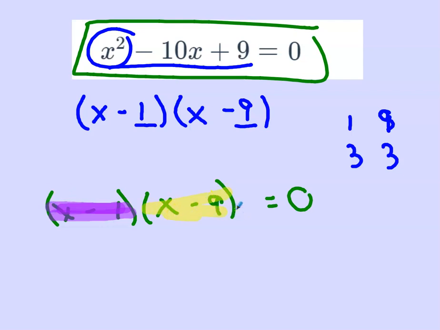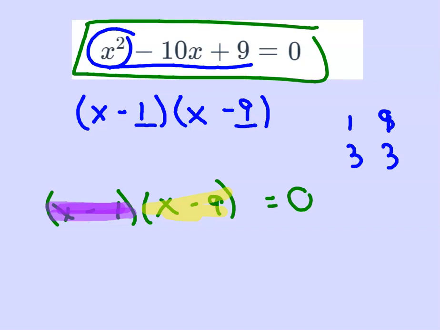We'd all agree that the thing highlighted in purple and the thing highlighted in yellow have to multiply together to get 0. Well, in a previous video, I had you practice finding a pair of numbers that multiplies together to get 0. And every pair that you use is going to have a 0. Maybe 0 and 5, or 10 and 0, or -16 and 0. You've got to use a 0.